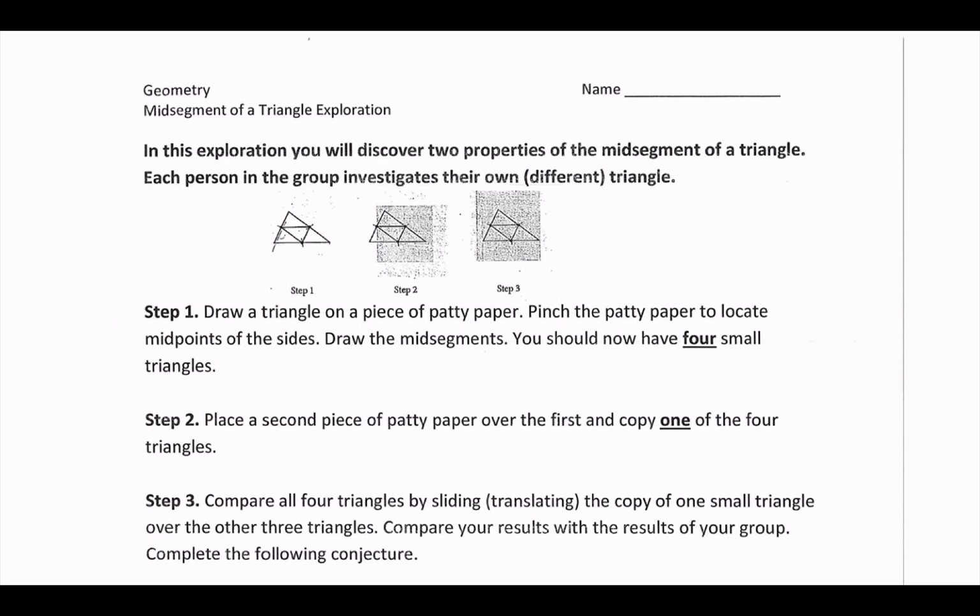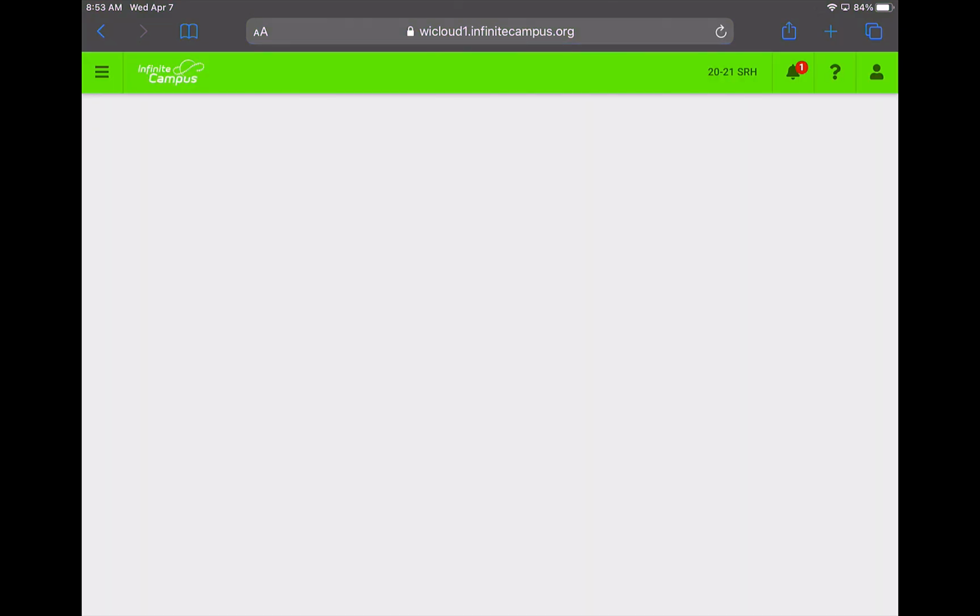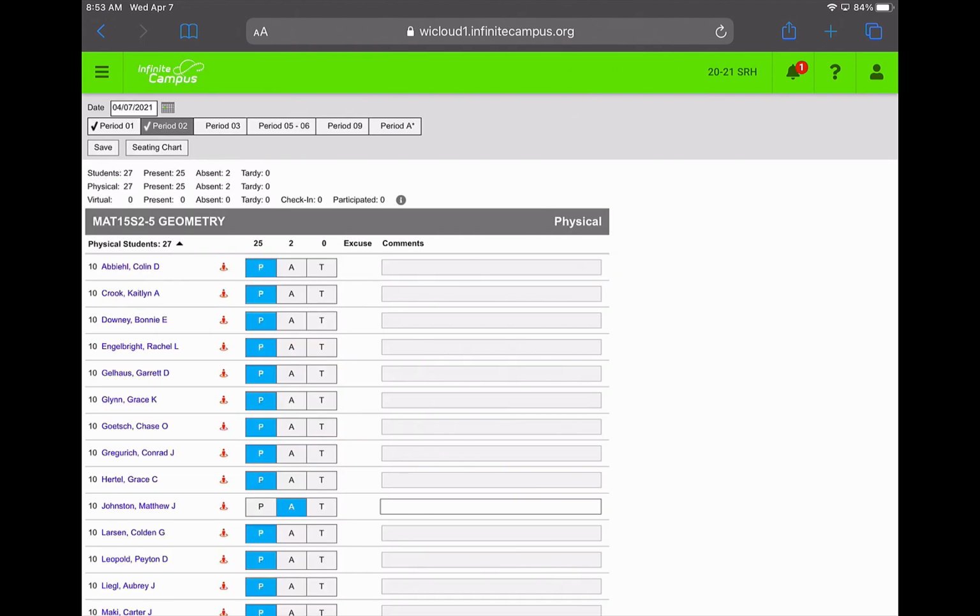Come on up. One worksheet and 2 sheets of patty paper for each person.